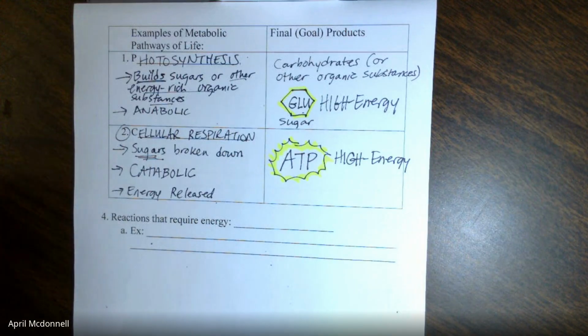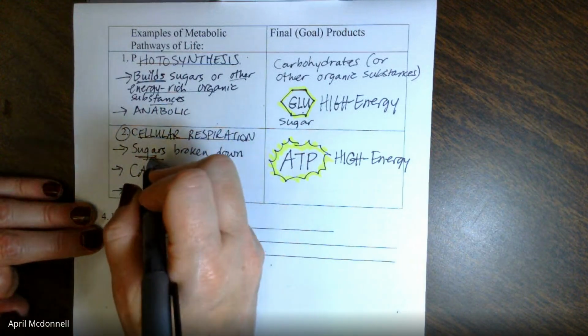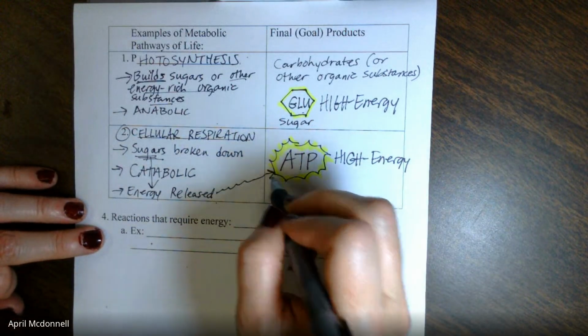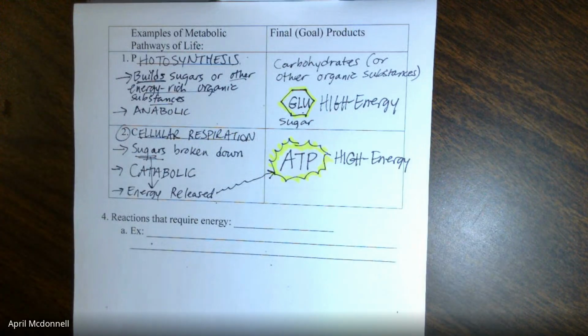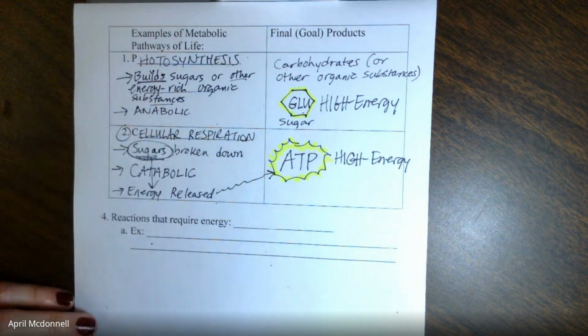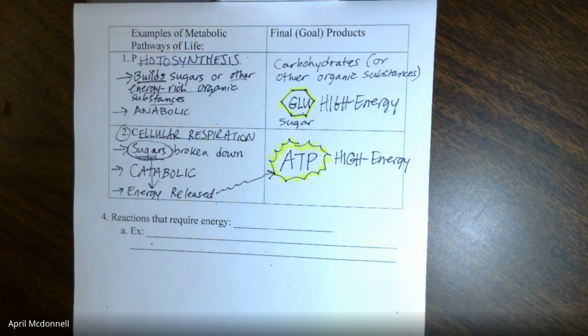The energy that is released from the sugars will be used to make high energy ATP molecules. But since during the cell respiration reactions we broke down sugar instead of made sugar, it is going to be considered a catabolic type of reaction.